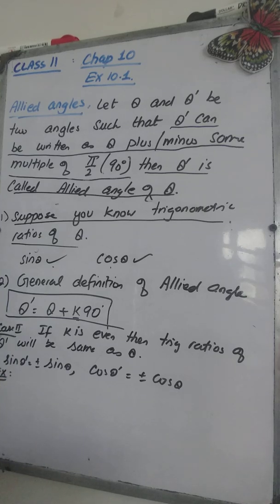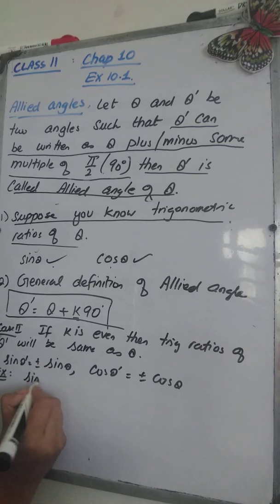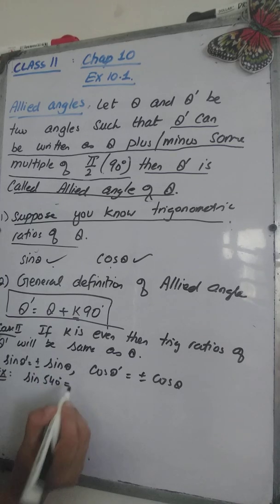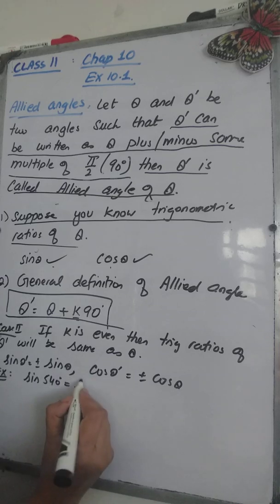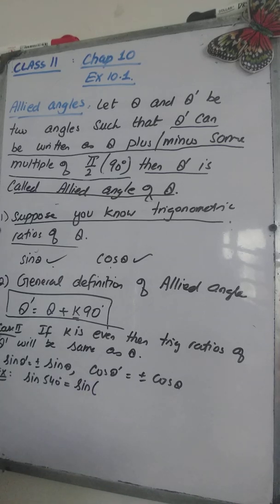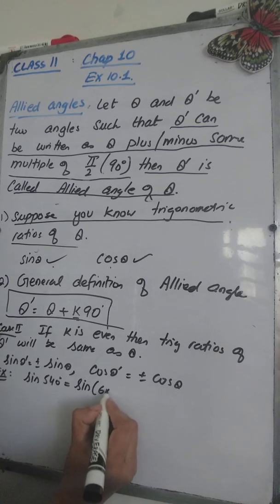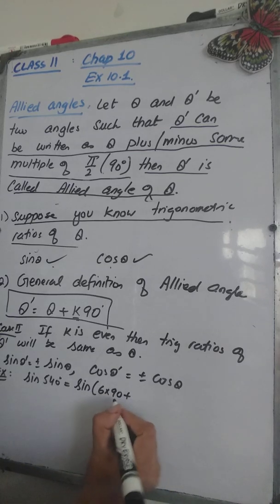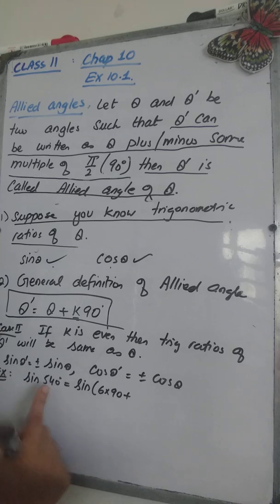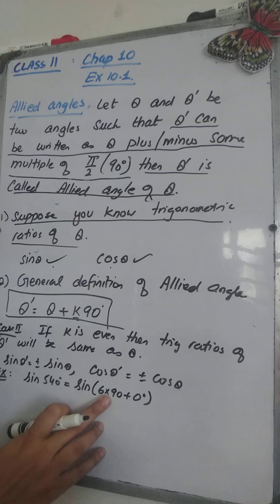As an example, if you want to find sine 540, you can write 540 as 6 times 90, as 6 times 90 is equal to 540, so we can write it as 0 plus 6 times 90.